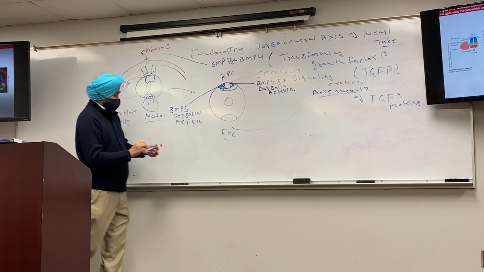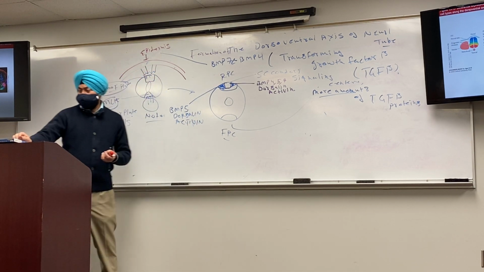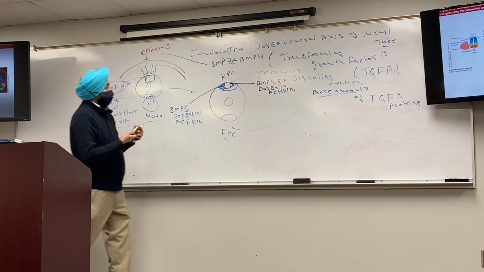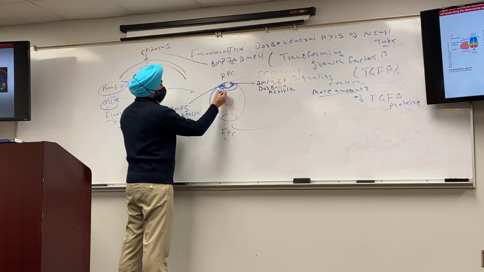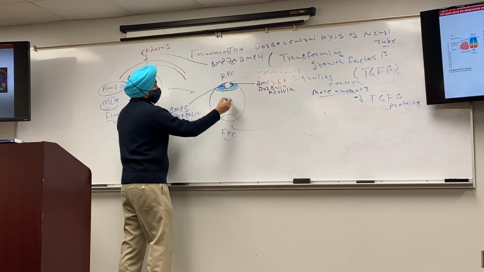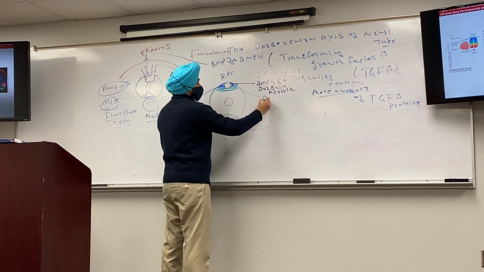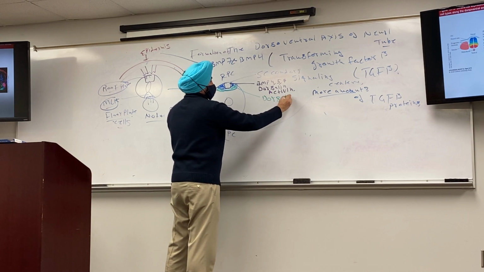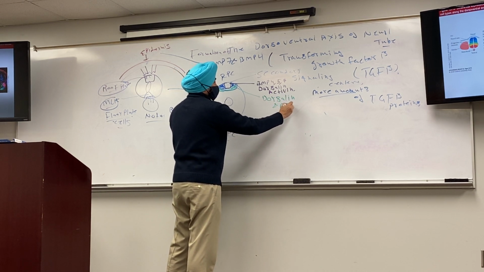And the cells next to them, which are right here, these cells secrete dorsalin and activin.